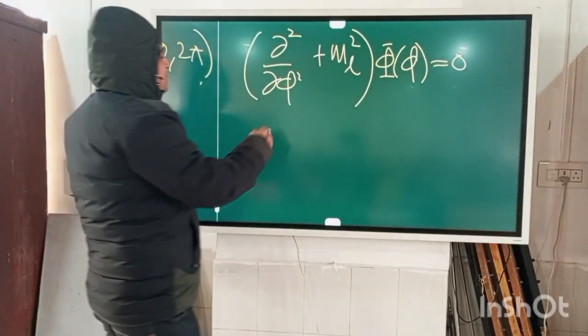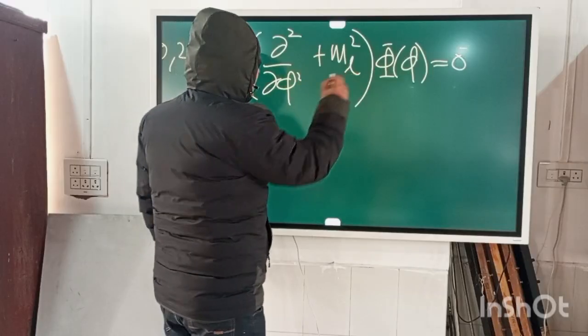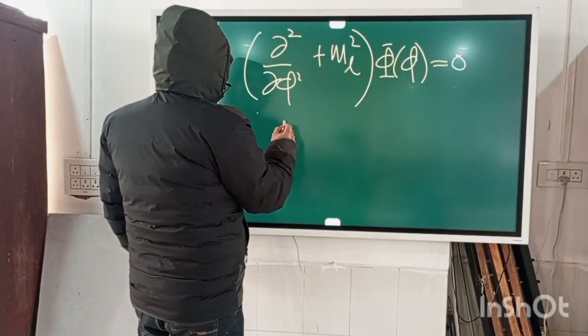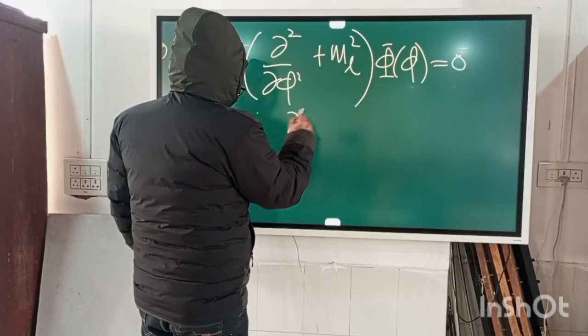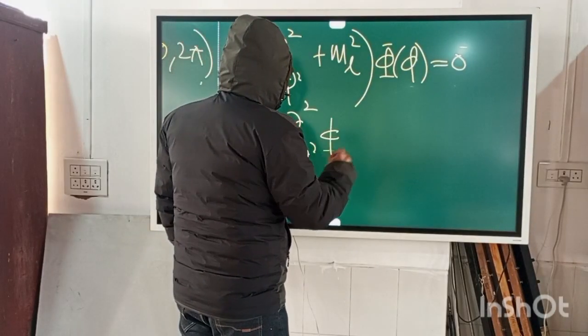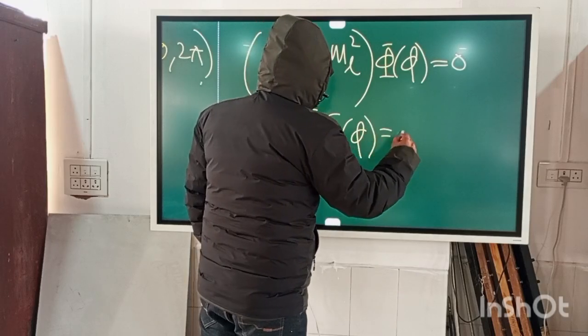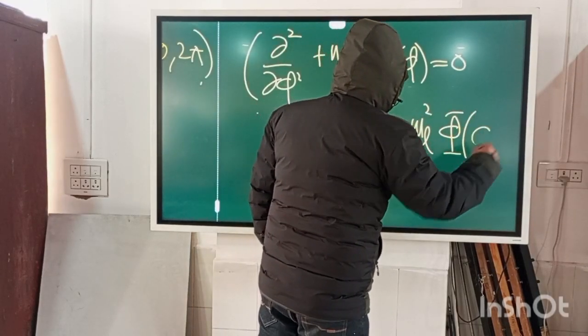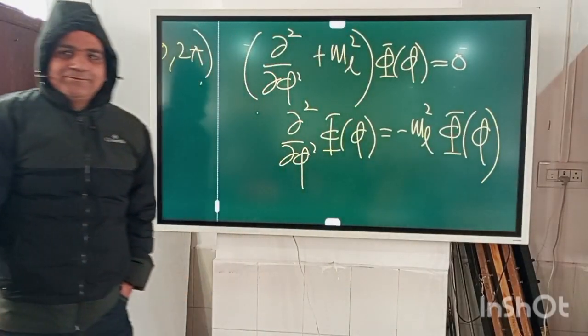So these are your operators and then there's a constant. Now, can I write something like this, that ∂²Φ(φ)/∂φ² is equal to −ml²Φ(φ)? I can do this.